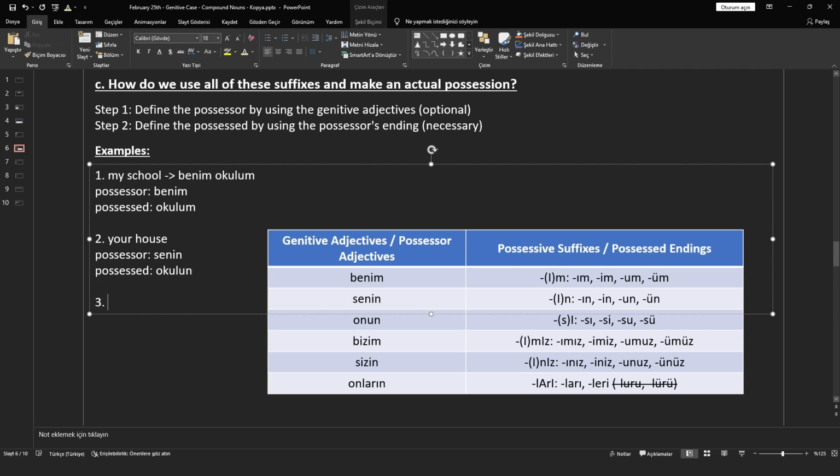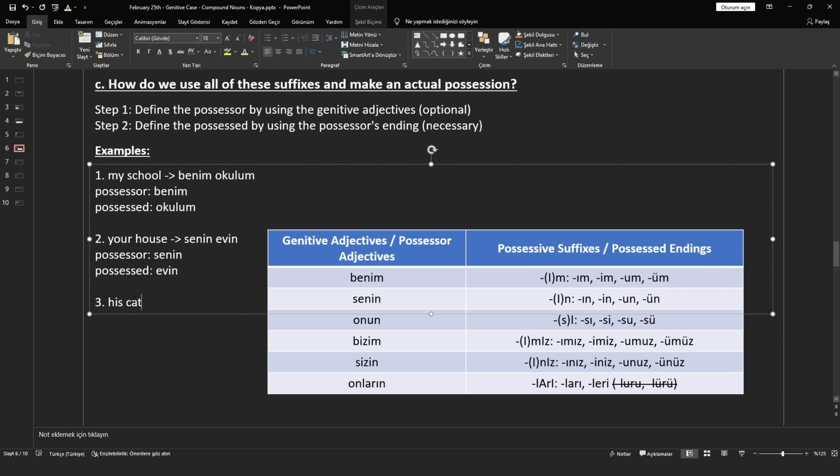And let's do one more example. Let's try a different one. His. Wait, yeah, right. What is house? It's ev. Senin evin. Your house. And his, let's say his cat.